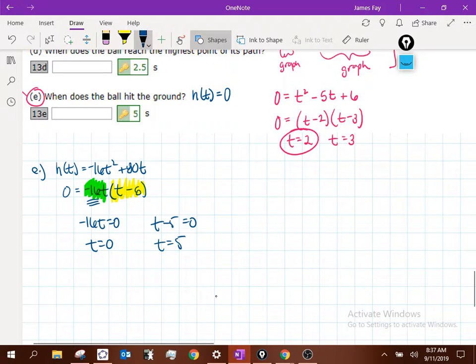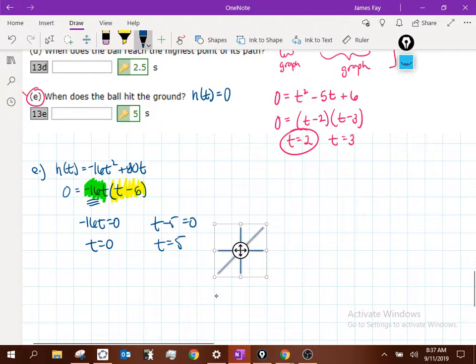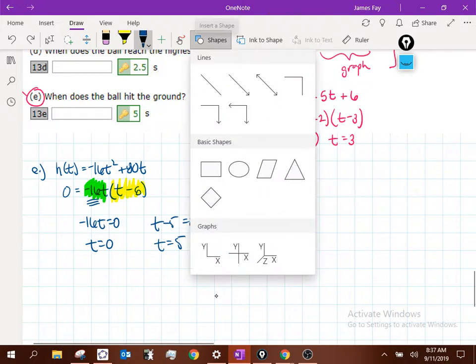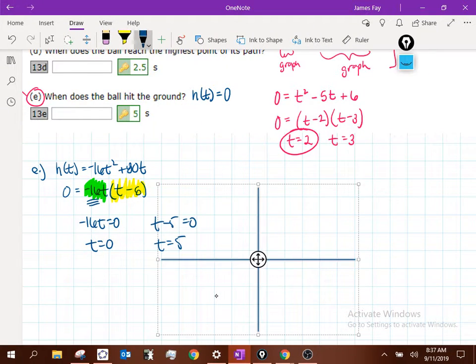So if we were to graph this, we have at time 0 an x-intercept, and at time 5 an x-intercept. Okay? Now I'm not going to make my x scale and y scale the same or anything like that. I'm not even going to use my y scale right now.